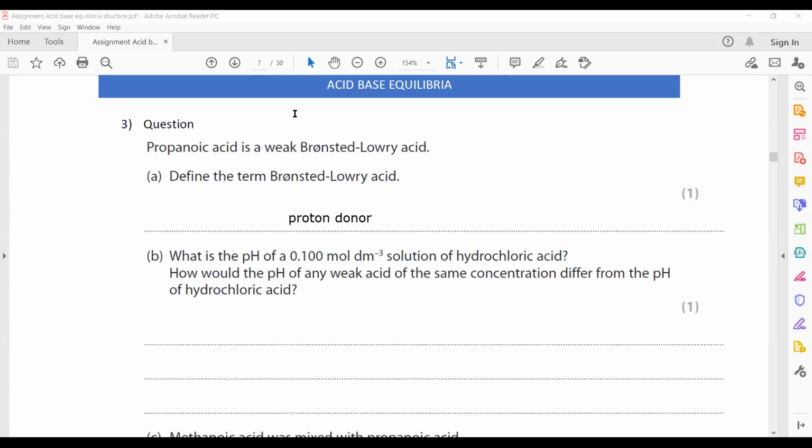What is the pH of 0.1 mole solution of hydrochloric acid? How would the pH of a weak acid of the same concentration differ? For a strong acid, our assumption is that all of the acid ionizes completely. So if we have HCl, it will dissociate into H plus and Cl minus.